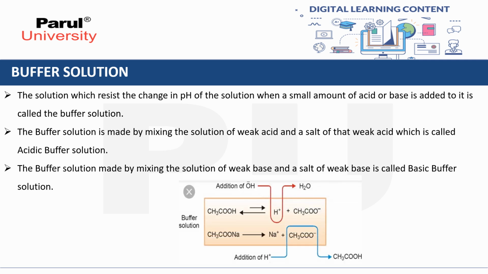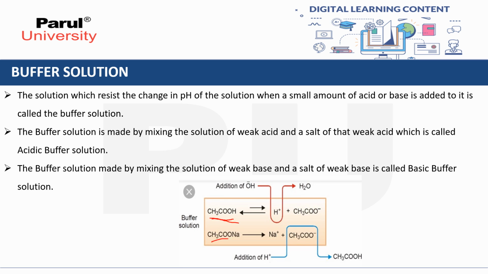As shown in the example, here is acetic acid, which is a very weak acid and which is very feebly ionized. So, if we add a base or an acid to this solution, what will happen? This buffer solution is made by the weak acid and a salt of the weak acid.